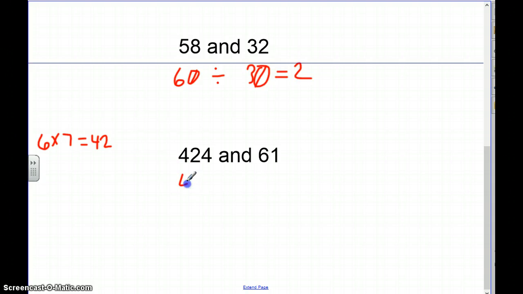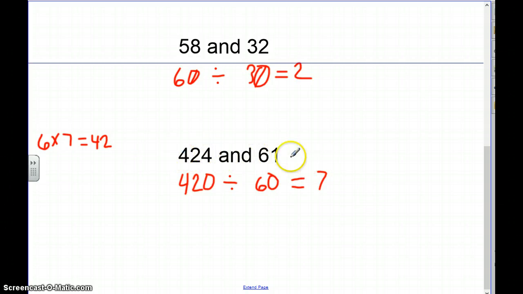Okay, hopefully in your mind you're thinking, oh, I can make that into 420. That's a friendly number. And 61 could become 60. And I could easily divide those numbers, right? I'll pretend the zeros are not even there. And I know that 42 divided by 6 is 7. And then those zeros cancel each other out. So 61 goes into 424 about 7 times.